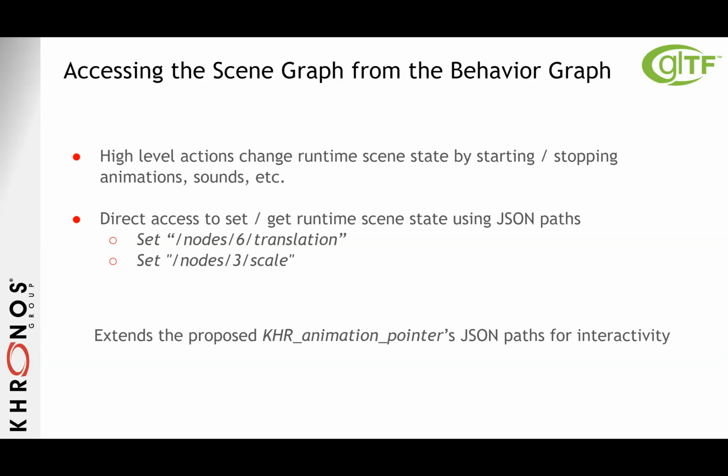For example, if you want to access the translation of the 7th node in the glTF, glTF being zero-based, you just use /node/6/translation. Same for the scale. All these things are possible because we are relying on another extension, called KHR animation pointers, that is bringing the JSON path system to glTF. Next.